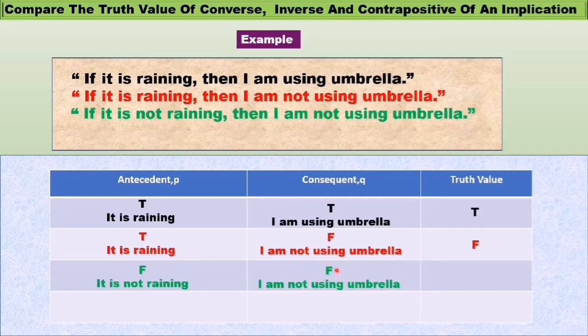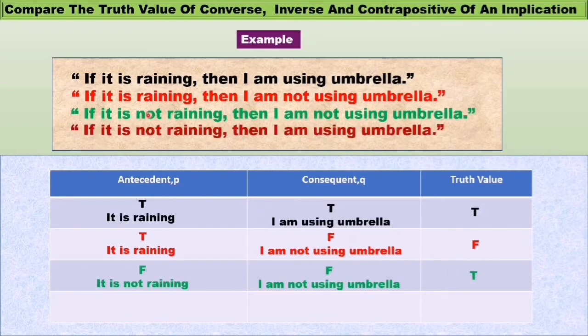Here also opposite of the true. I'm not using umbrella. So what is the truth value of it? I only promise if it is raining, then I'm using umbrella. But in this case, it is not raining, it doesn't matter I'm using umbrella or not. The truth value is true.